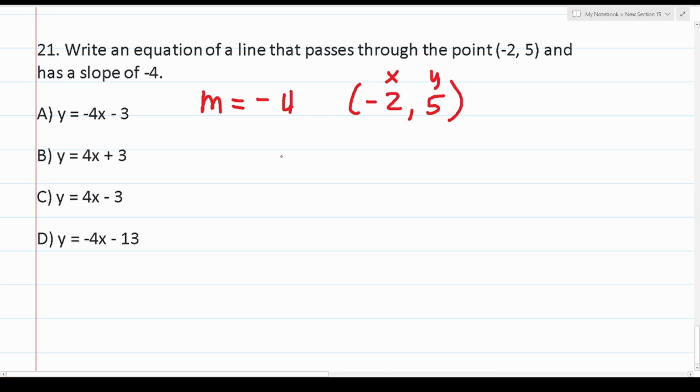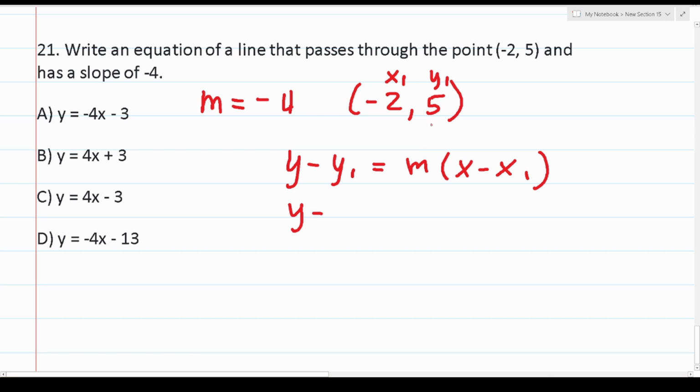The point slope equation is this: y minus y1 equals m times x minus x1. Now, this x1 and y1 refer to the ordered pair that you're given. So technically, this is x1 and this is y1. So let's plug those things in and solve for y accordingly.